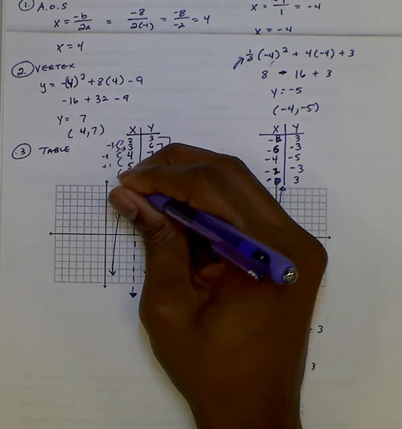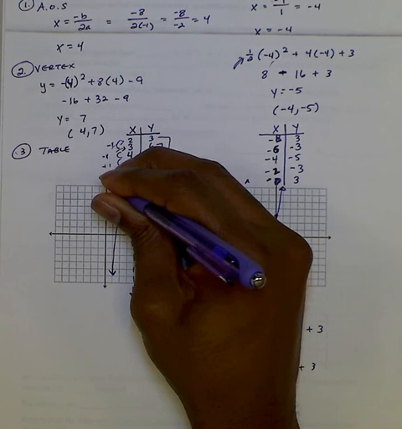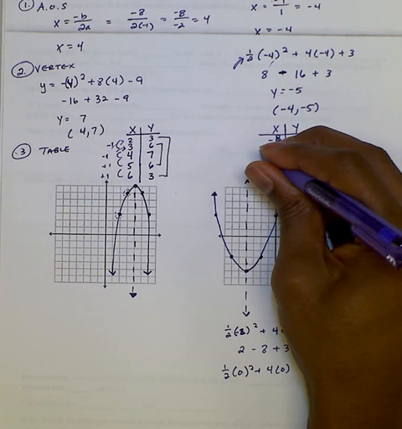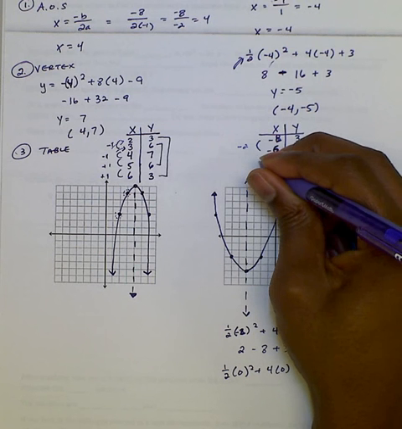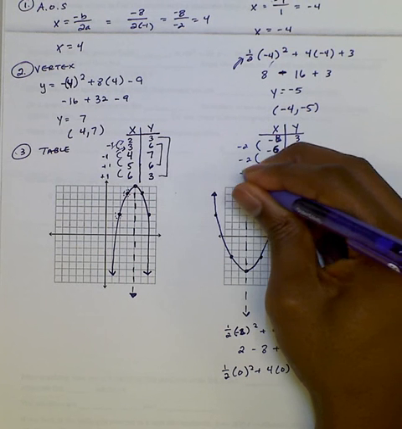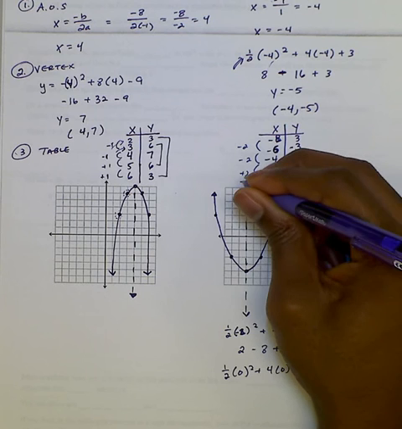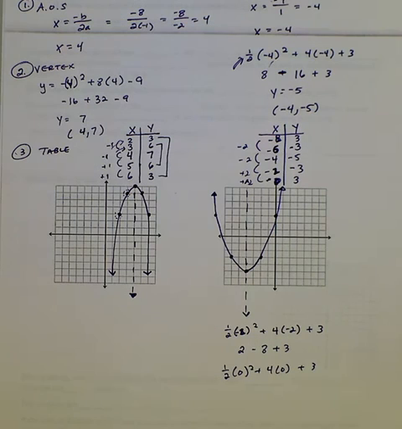I'm 1 away from the value here. I'm doing the same thing here. I'm going 2 away, -2, +2. Okay, so making sure that I keep that same distance so that I can keep the symmetry and shorten my work up a little bit.